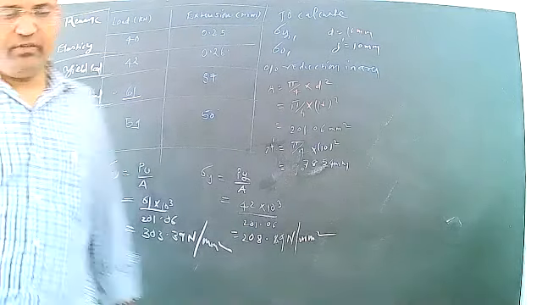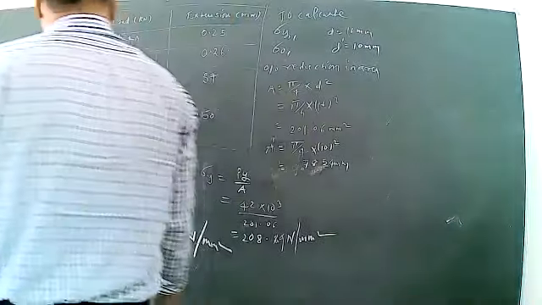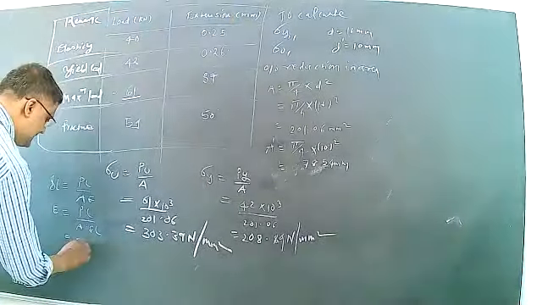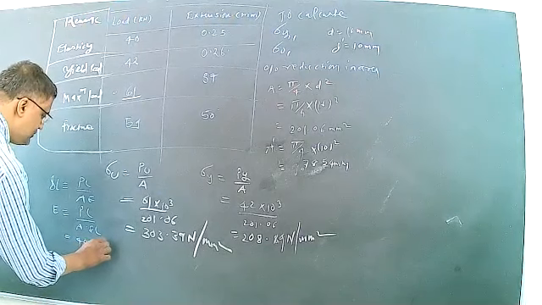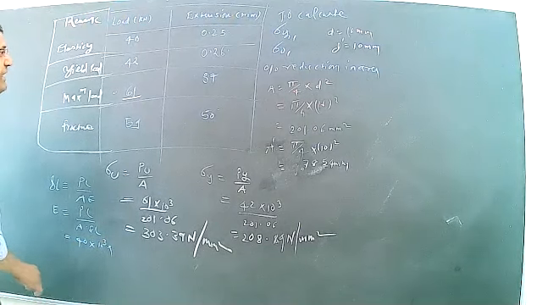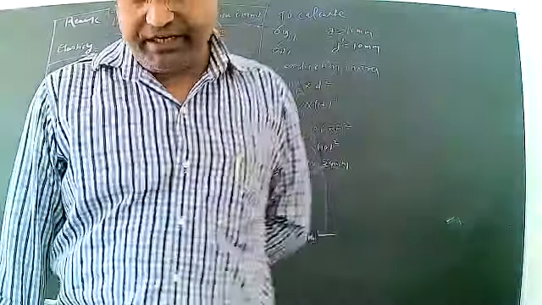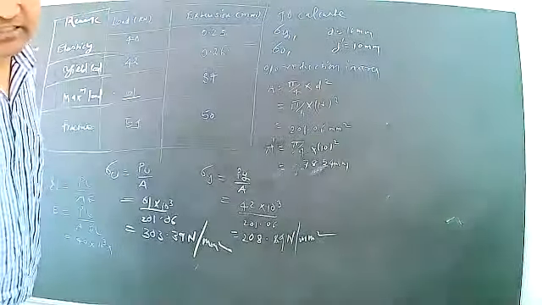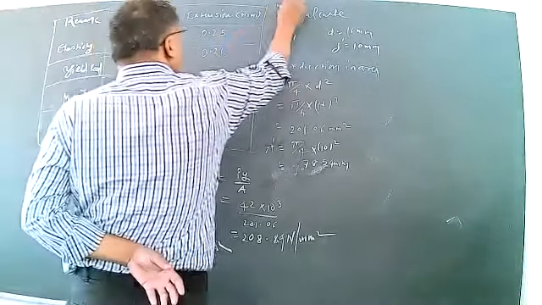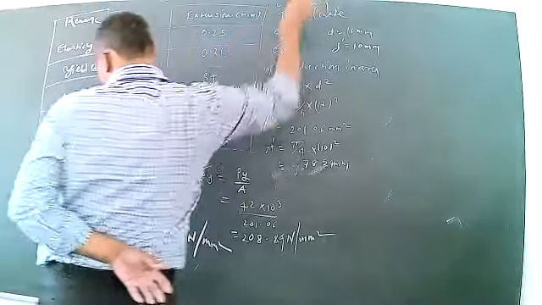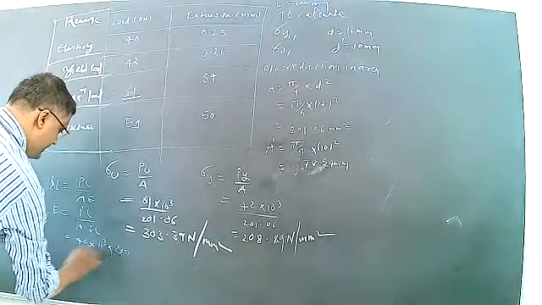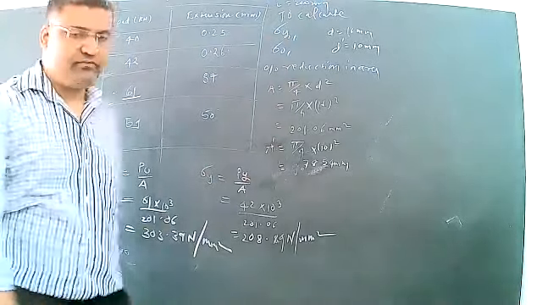We just put in the values. Then for elasticity, 40 into 10 raised to 3. The original length is provided, that length is given as 200 mm. So 200 divided by area.